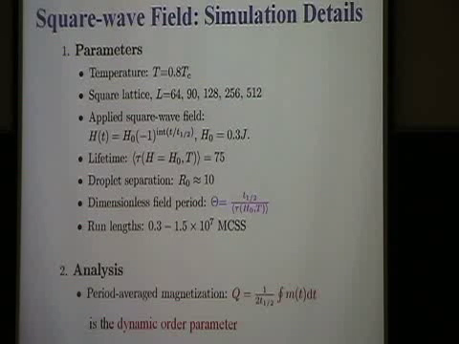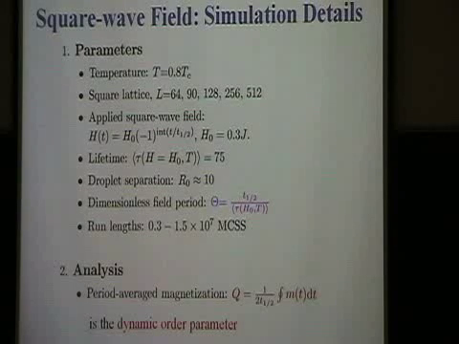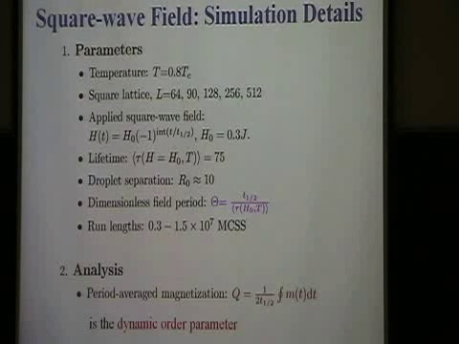The other reason is that finite size effects are quite a lot smaller using a square field. Same universality class, we have done both, but if you want to push the envelope in terms of getting large systems and long runs and small finite size effects, the square field is the way to go.